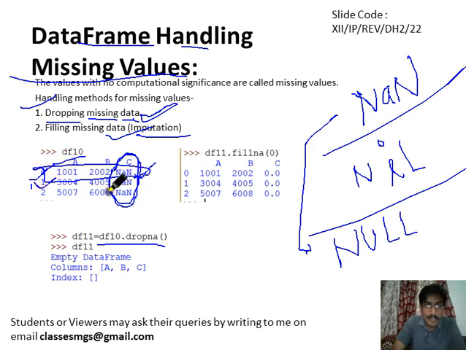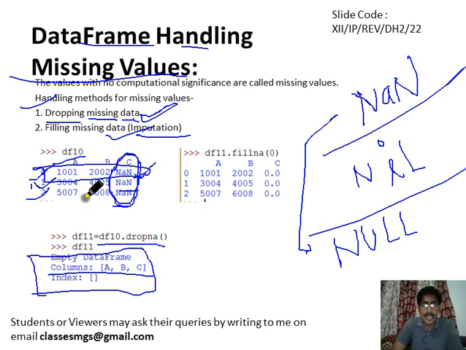The second row contains NaN, it will delete it. The third row contains NaN, it will delete it. So our output will be nothing. A blank data frame will be printed because all the data items have been deleted, because every row contains NaN. If a row doesn't contain NaN, then that row will come in the output. Top two rows will be deleted.